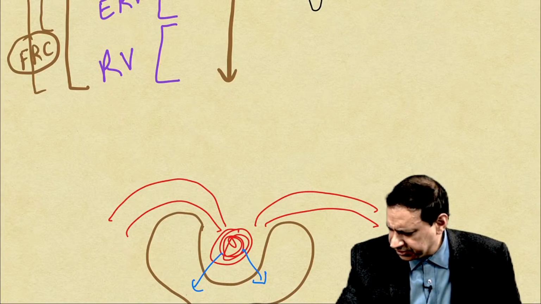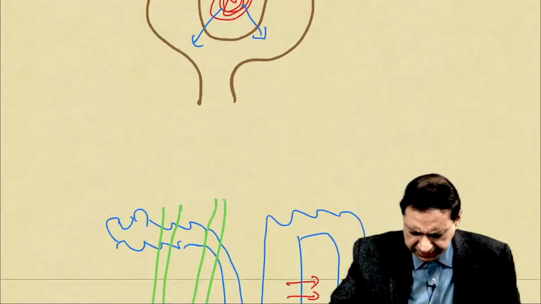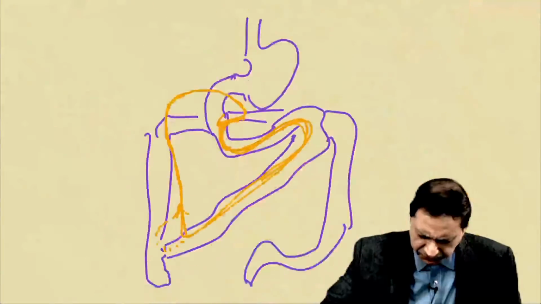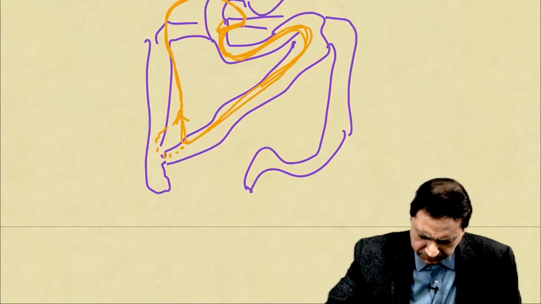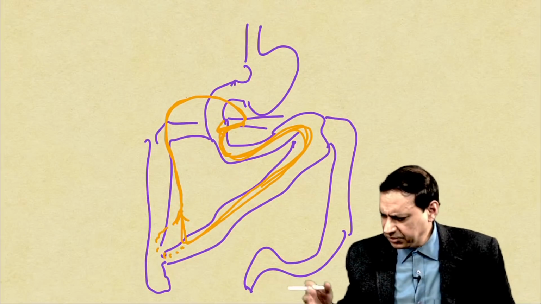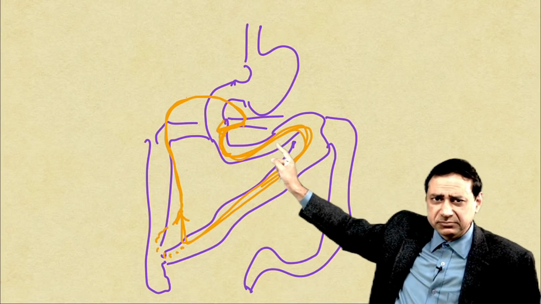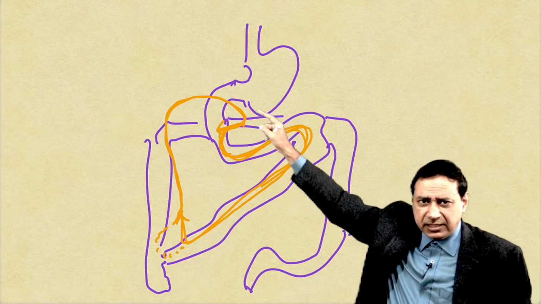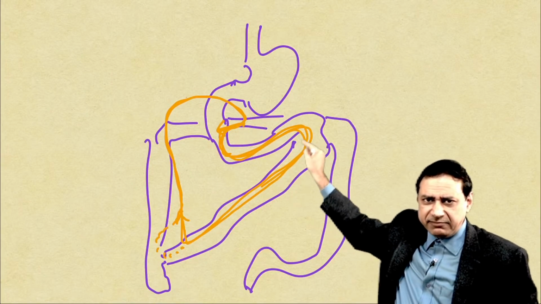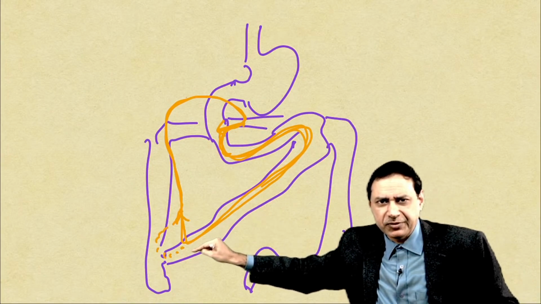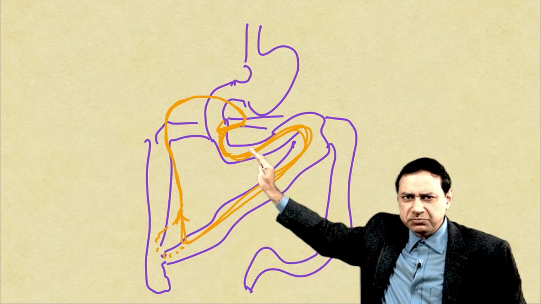Water absorption. There was one question asked like, maximum water is absorbed from where? Jejunum. Okay. Absorption is the function of the small intestine. So maximum water is absorbed from the jejunum.